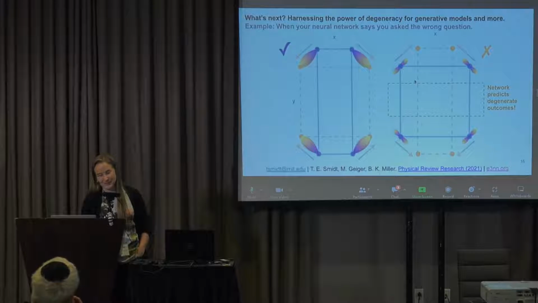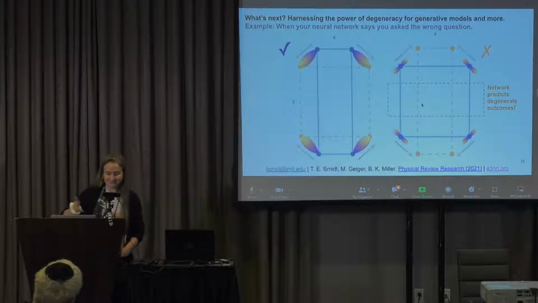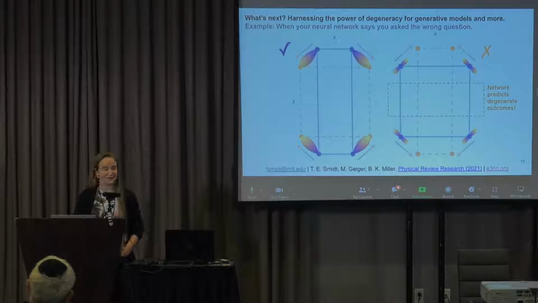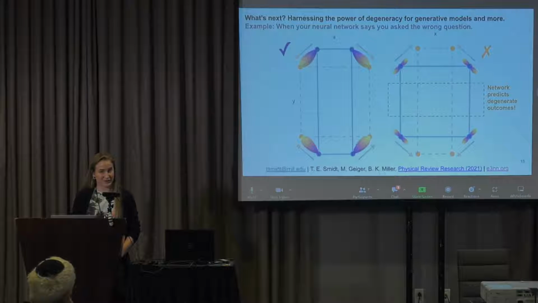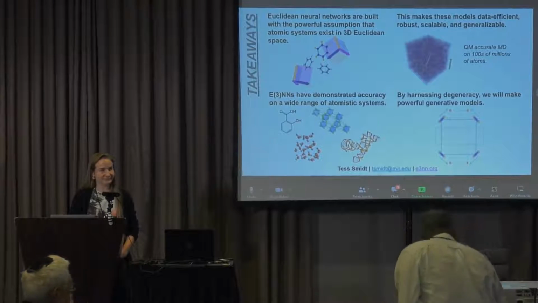And so this is when your model tells you that the task you proposed was ill-posed. There's various ways you can go from here to resolve this, but I think this is really interesting because these models can actually check what we're doing. So I'll just leave this up, and I'll take any questions.